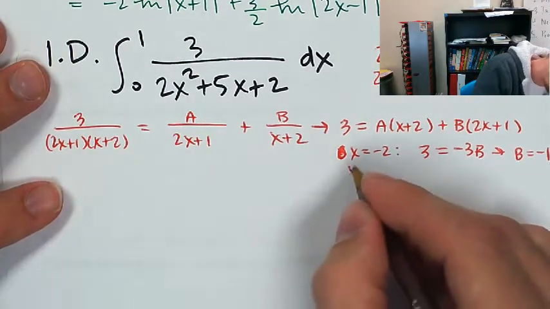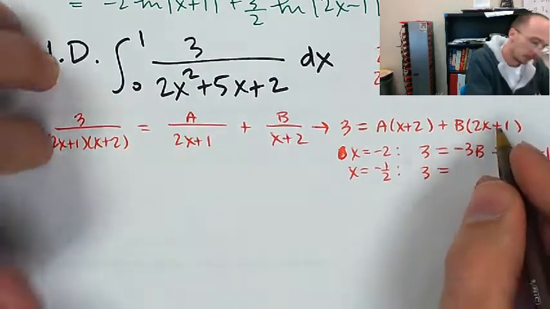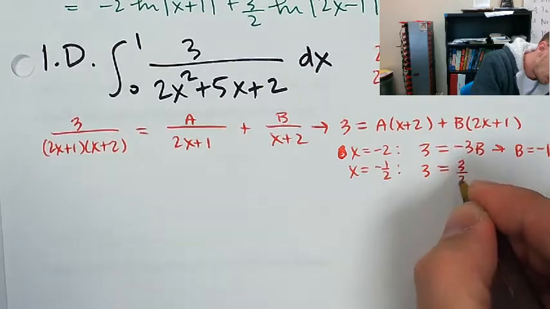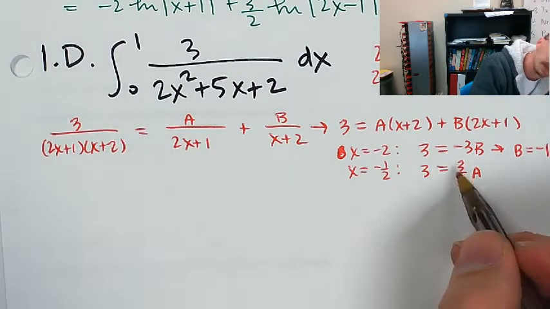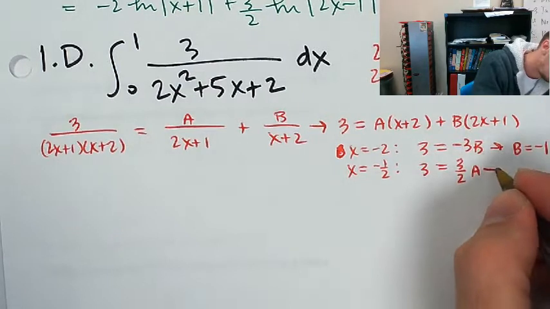B equals negative 1. And then when x equals negative 1/2, I'll have 3 equaling, no b's, 3 halves of a. Well, what I could do is multiply by 2 and divide by 3. And that would give me 6 divided by 3, a is equal to 2.